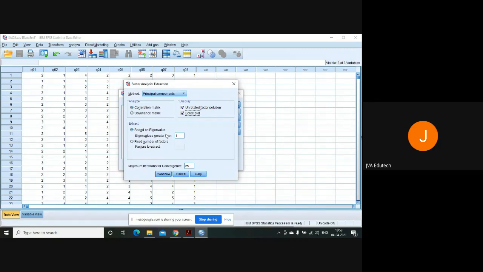If eigenvalues are negative, then your model is ill-conditioned. And if your eigenvalues are close to 0, then it will be a case of multicollinearity. Even in regression, I have told you that for a good fit, eigenvalues should be greater than 1. So here we want to extract those factors which have eigenvalues greater than 1.